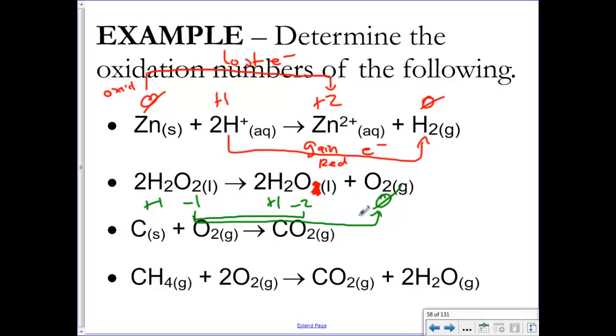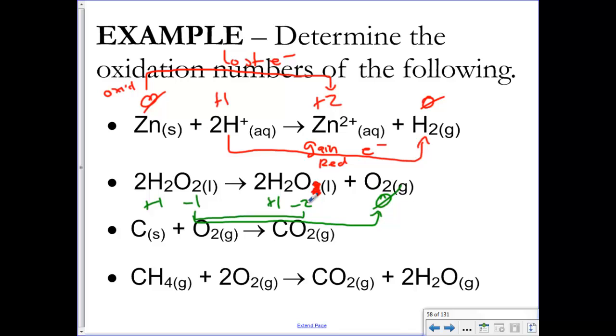That make sense? So this one went from -1 to 0, so it lost electrons. And this one went from -1 to -2, which means it must have gained the electron. So therefore it's disproportionation.